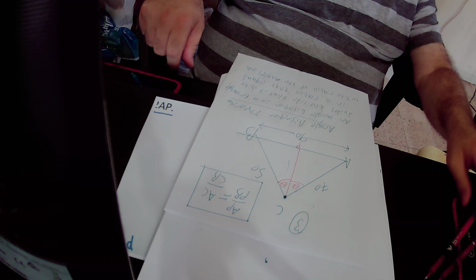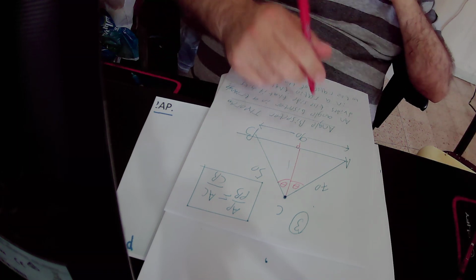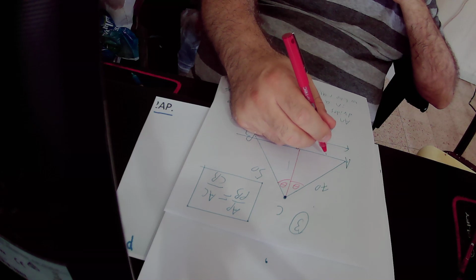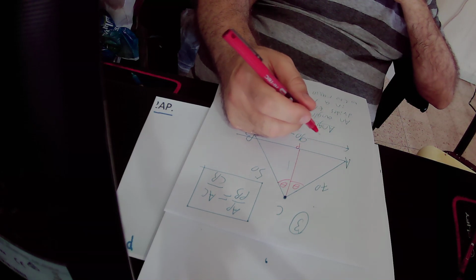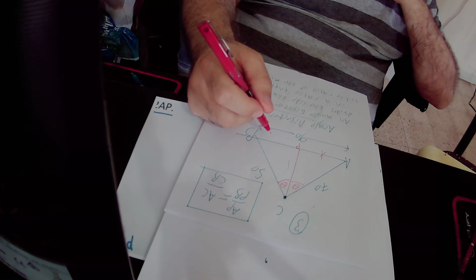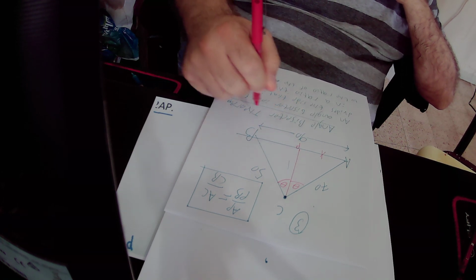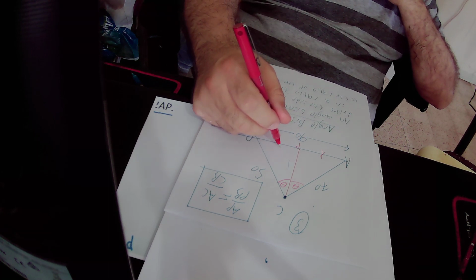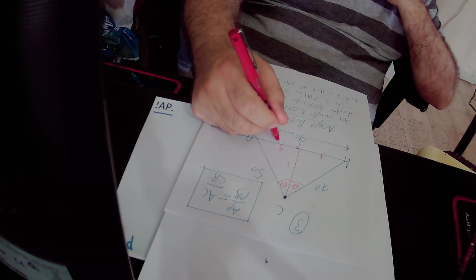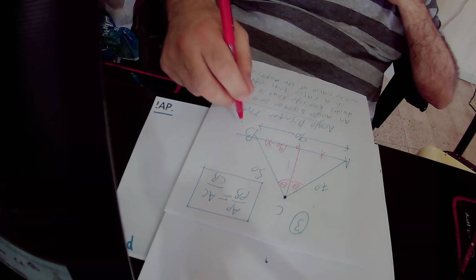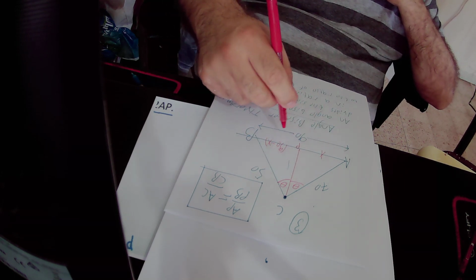So we can define that AP equals X, then PB will be AB minus AP, that is to say 90 minus X, because PB is AB minus AP.